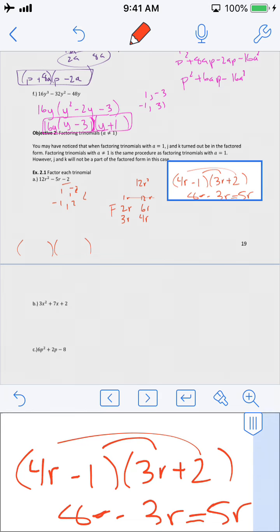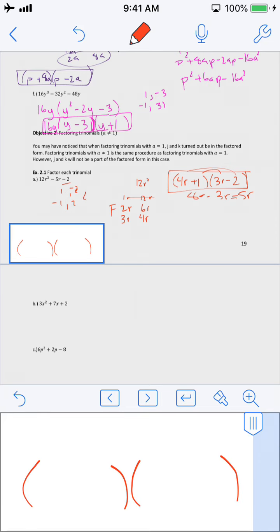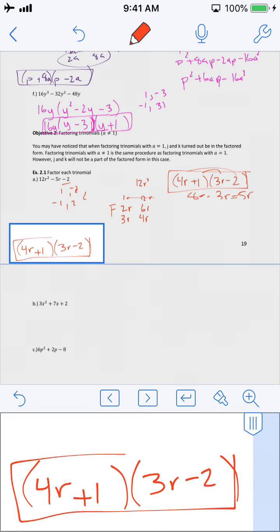I need negative 5r. So it must be the case that it was this way. And I'm done. As soon as you found it, you're done. As soon as you found it, you're good. That sounds interesting. But as soon as you found that middle one, you have found the whole thing. I have factored. Now again, there's 47 other ways to do this.